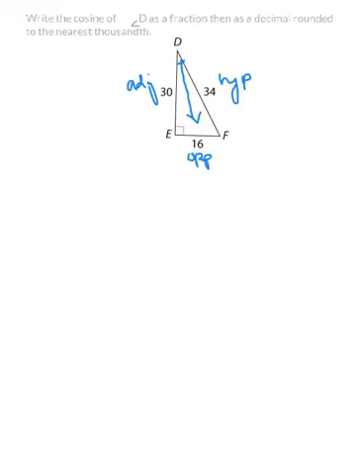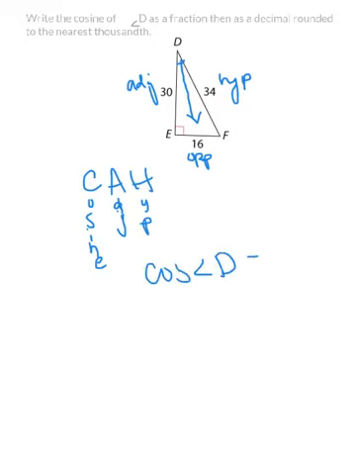And again, using SOHCAHTOA, I have CAH, C-A-H, where cosine is equal to adjacent over hypotenuse. And I'm going from cosine of angle D, again, adjacent over hypotenuse. In this problem, we knew that adjacent was 30 and the hypotenuse was 34.